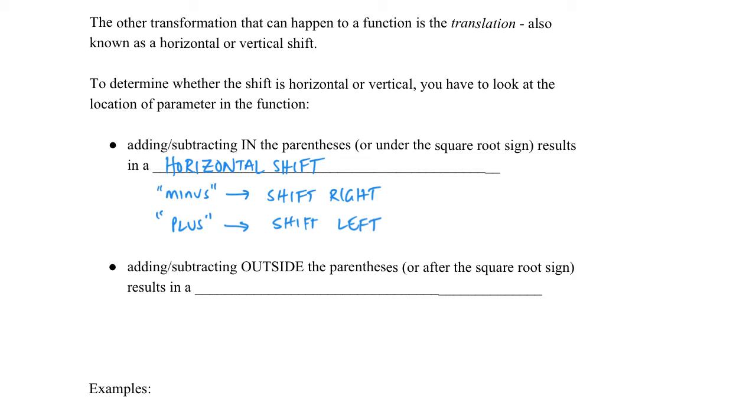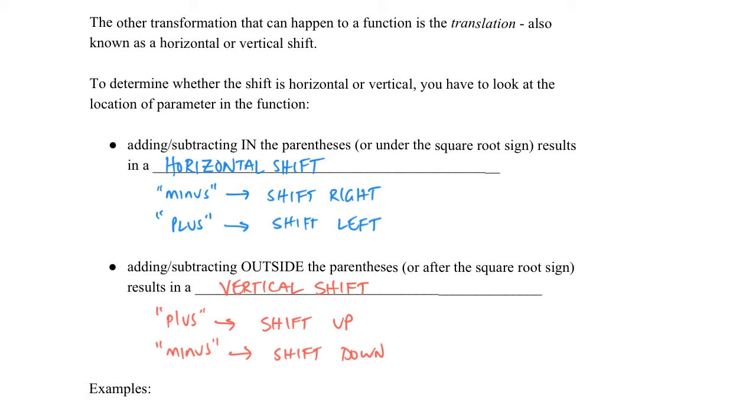Now, if we're outside the parentheses, then that's going to result in a vertical shift. In particular, a plus is going to result in a shift up, while a minus is going to result in a shift down.